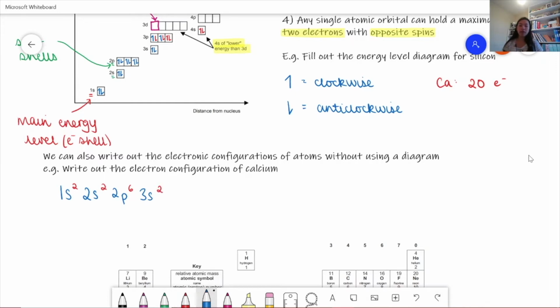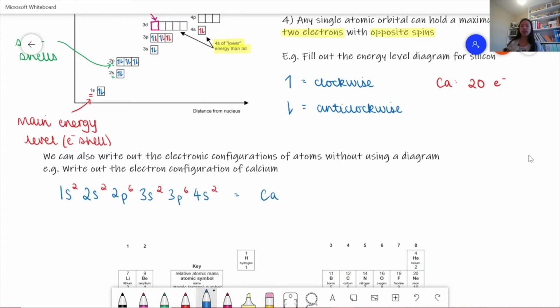And then we have 3p, which has 6 electrons. And then we have 4s, which has 2 electrons. So like the energy level diagram, we miss out the 3d. So this is our electron configuration for calcium.